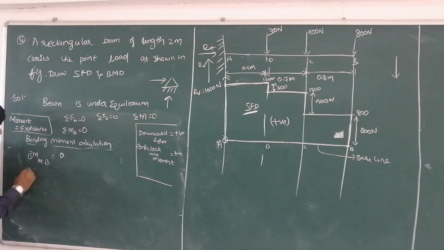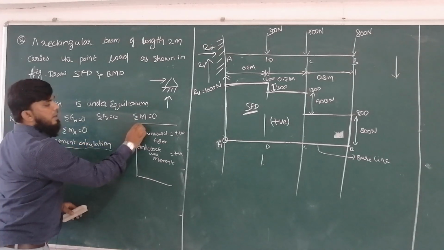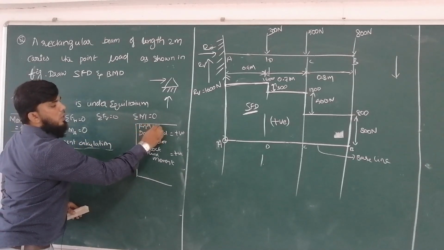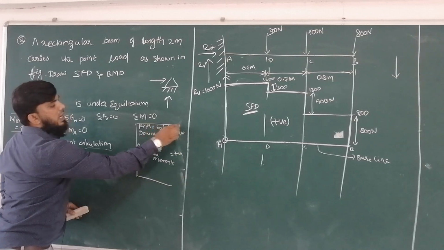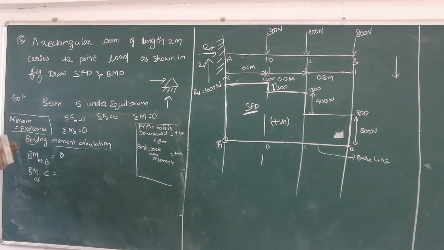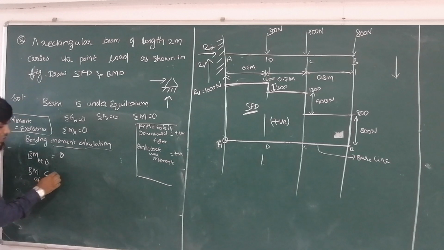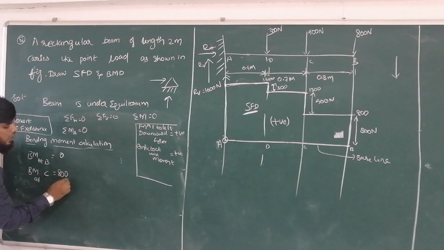Next, bending moment at point C. After B, the next point to the left is C. Since I have written from right to left, you have to take only the forces to the right of the point. To the right we have only one force, that is 800 newtons.